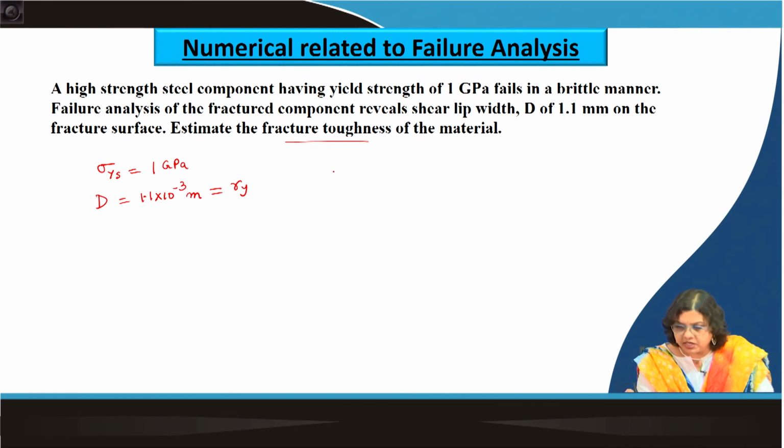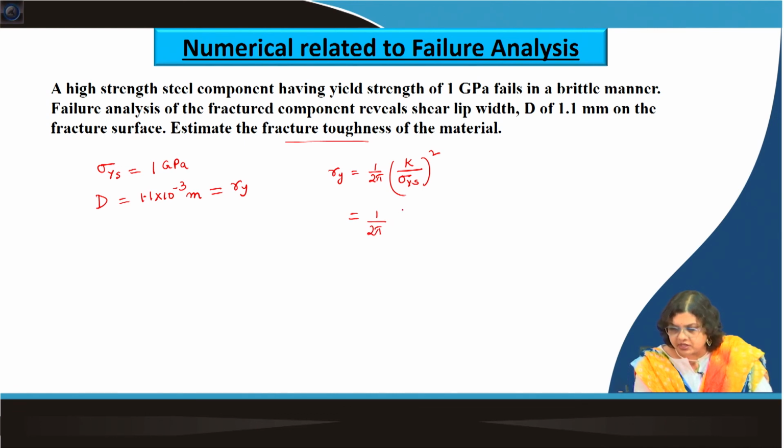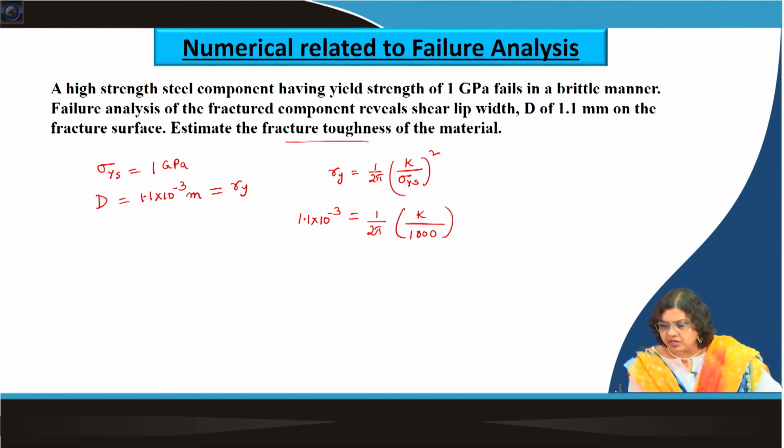So, if we simply use this relation r_y equals 1 by 2 pi (K by sigma_YS) squared, we can get these values very easily. So, this is nothing but 1.1 into 10 to the power of minus 3 and this is K by 1000 MPa.